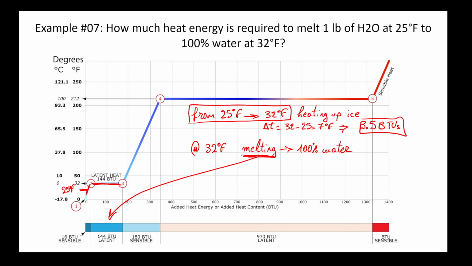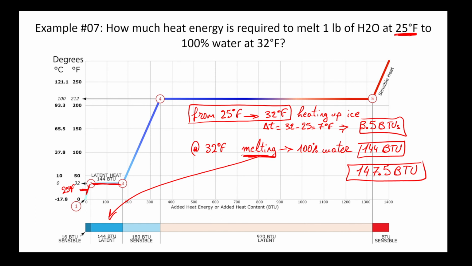So this second part is very simple. It needs 144 BTUs. So the total is 147.5 BTUs. If you apply 147.5 BTUs, you can go from 25 degrees ice to 32 degrees ice and then melt that ice while it is at 32 degrees Fahrenheit.